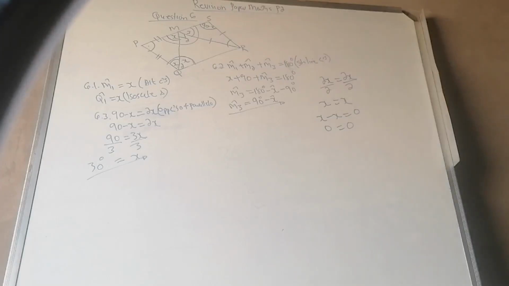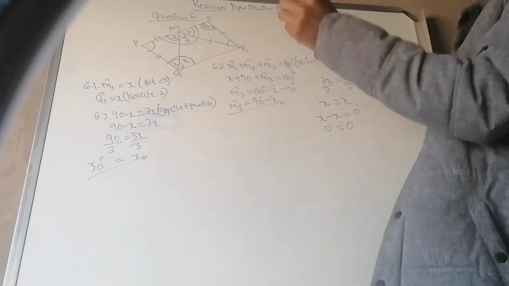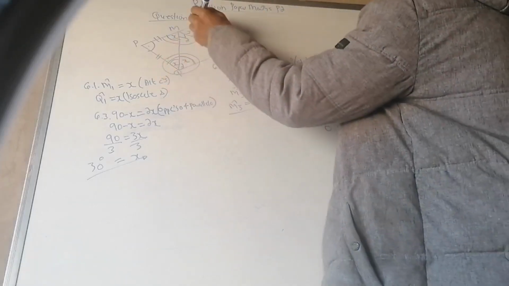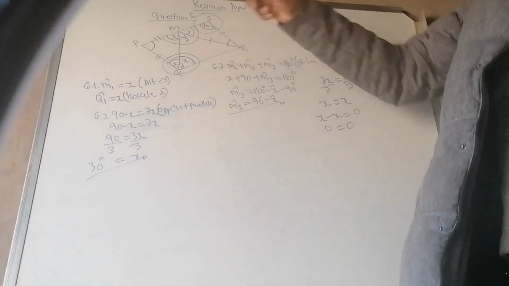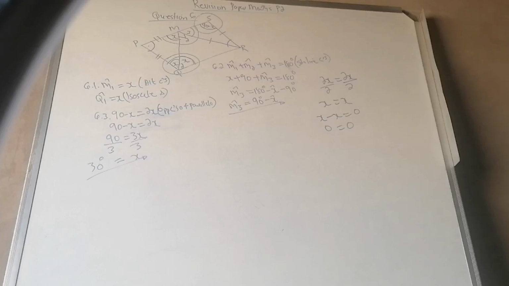Angle S has to be 90 minus X. By writing in terms of X, angle S is never 2X.